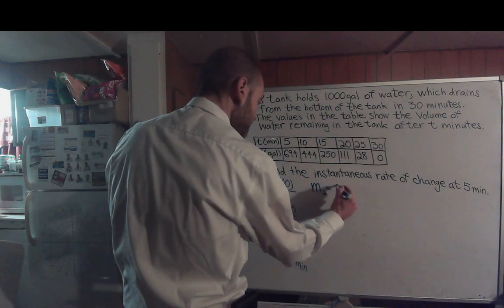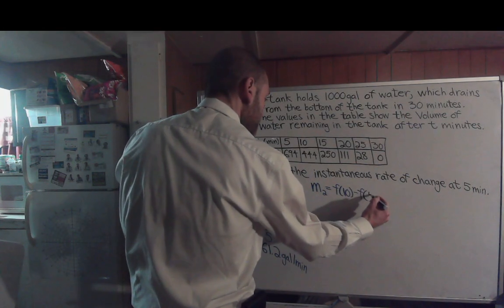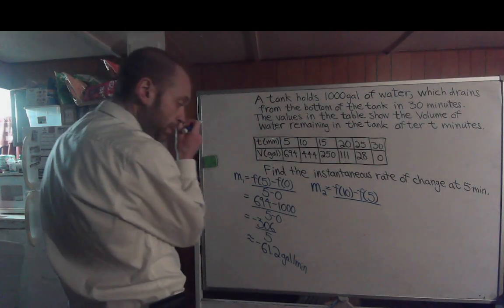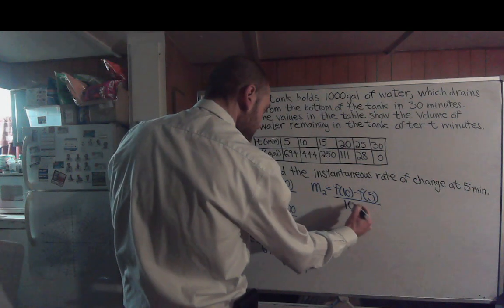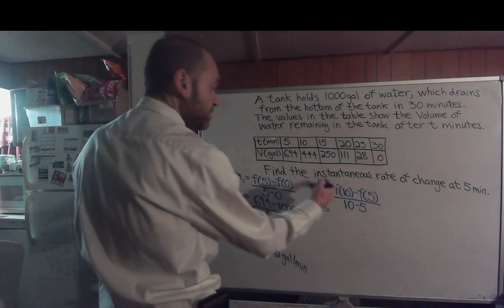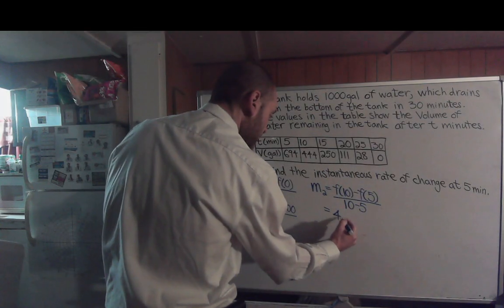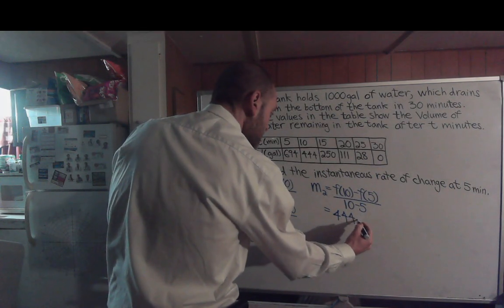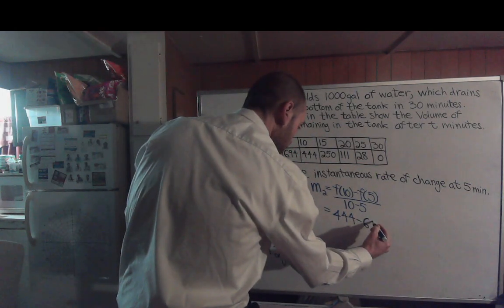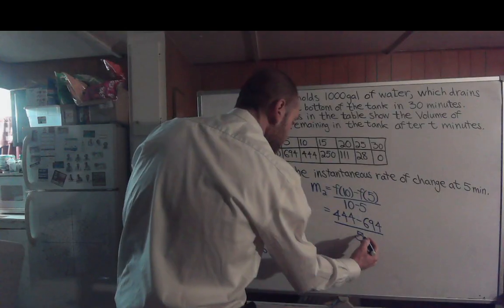This would be f of 10 minus f of 5, divided by 10 minus 5. f of 10, which is 10 minutes, gives you 444 gallons, minus f of 5, that's 694 gallons, divided by 5.